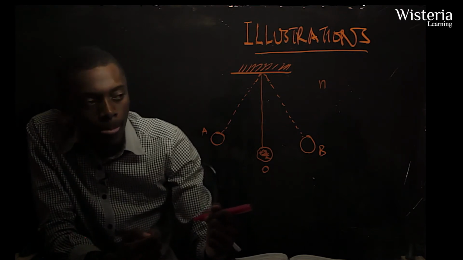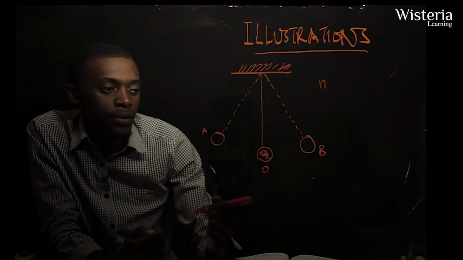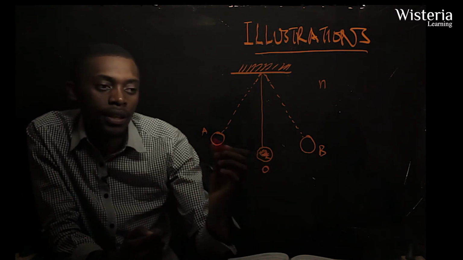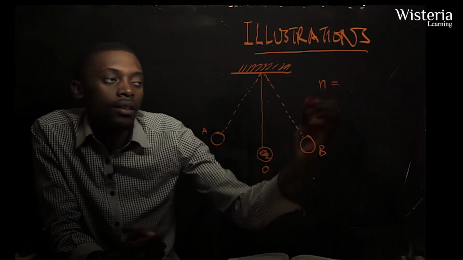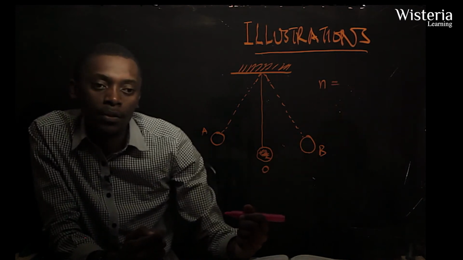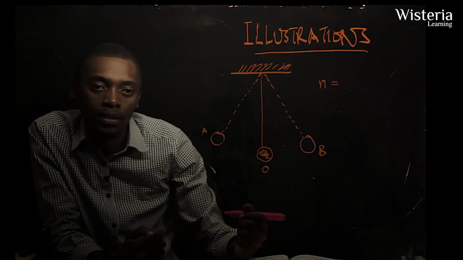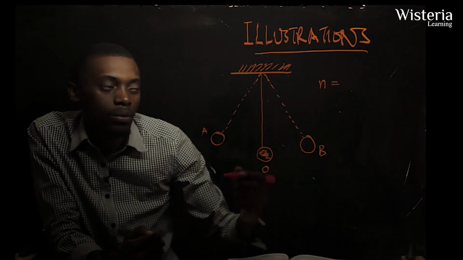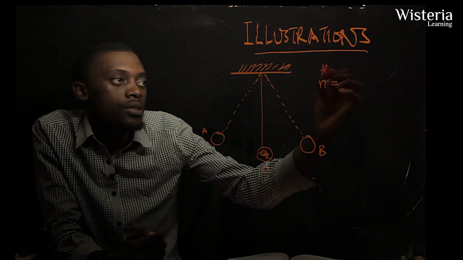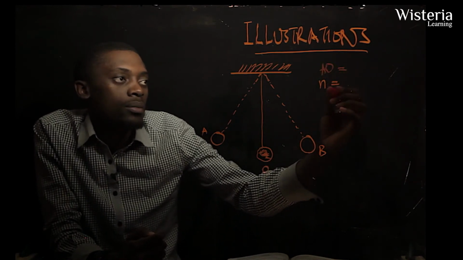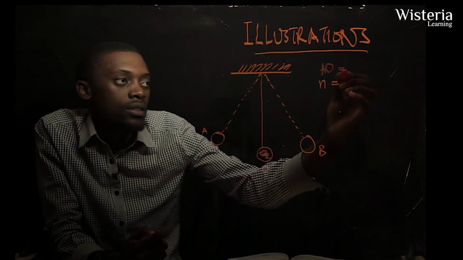So when the bob makes an oscillation from position A to position O, then we'll say that the number of oscillations it has made is equivalent to 1/4.